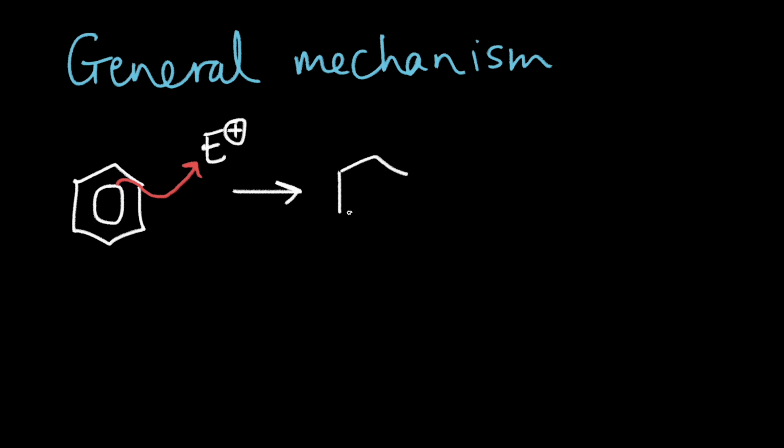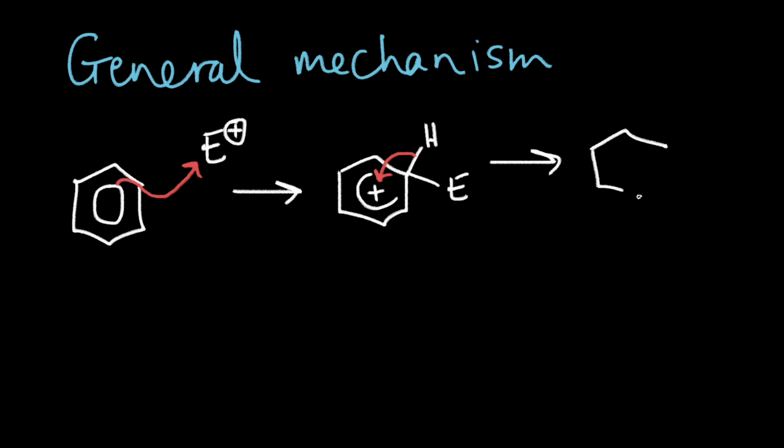Then you make your intermediate with the horseshoe structure. Then your carbon-hydrogen bond breaks and the electrons go into the centre, and you're left with a benzene ring with its delocalised system and the electrophile plus a hydrogen ion.